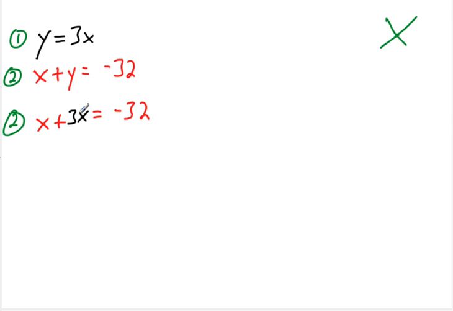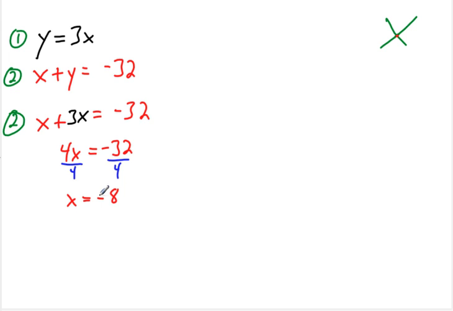And the reason I can do that is because y equals 3x in this equation, so it must also equal 3x in this equation. Now the benefit of that is I can now solve this equation for x using the standard techniques we've been using for a long time. I can divide by 4, and now I know that x is equal to -8 at this point of intersection, right?